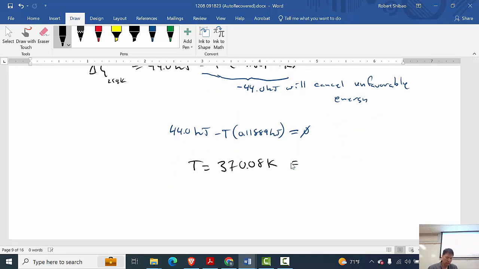Well, this will be minus 273.15, and I get around 97.08 degrees C, approximately.